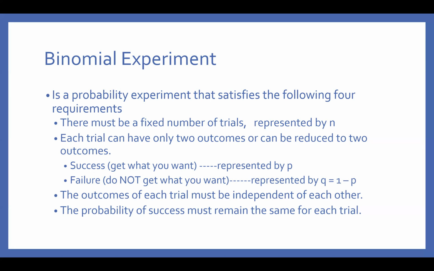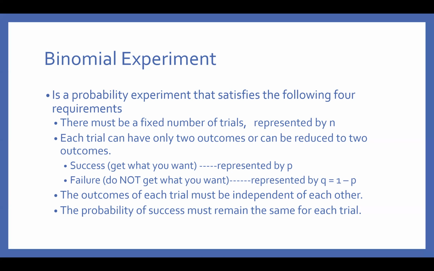If you're drawing without replacement, then that's a problem. It's not going to meet those 2 requirements because you're changing the makeup or the contents of the deck if you don't put the cards back. Okay, so for a binomial experiment, we typically do have to sample with replacement.